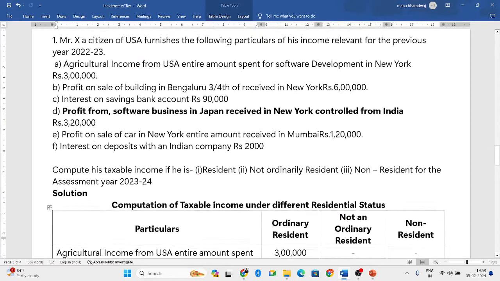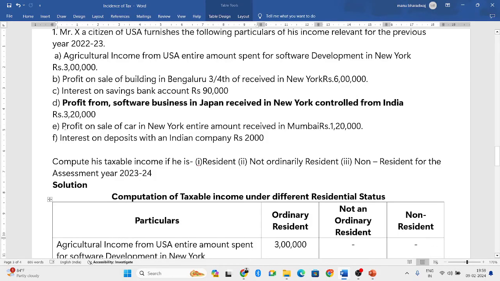Next transaction, profit on sale of car in New York, entire amount received in Mumbai. So where is the income arising? Income is arising in New York, and the amount is received in Mumbai. Mumbai is in India. So the arising aspect is outside India, the receiving aspect is inside India.